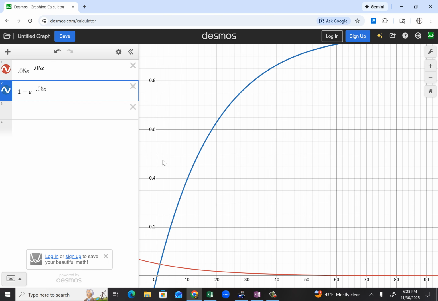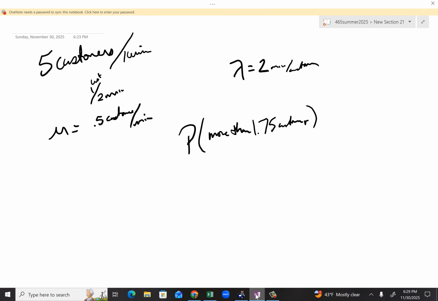It's the same process, same idea there. Okay? And again, when we're looking at it here, we're talking about, hey, what's the probability that it takes more than 10, remember this is minutes, or more than 1.75 minutes per customer. That's what that means.